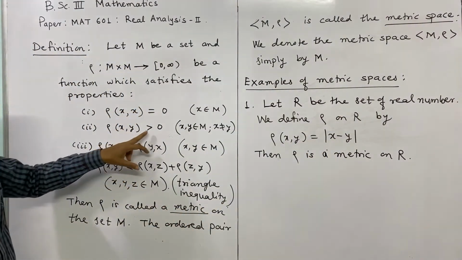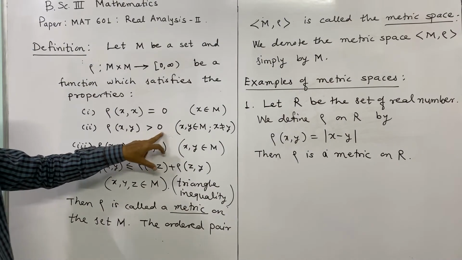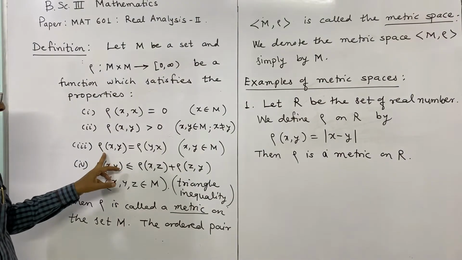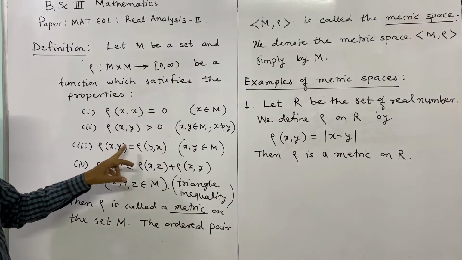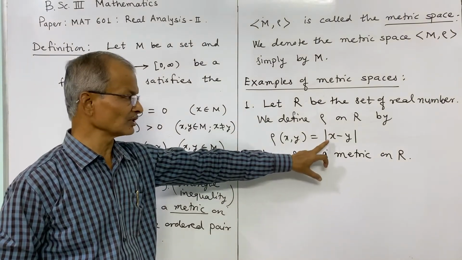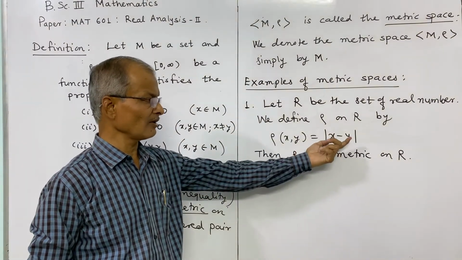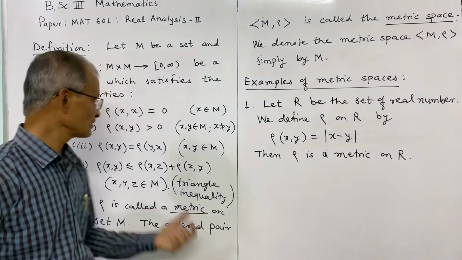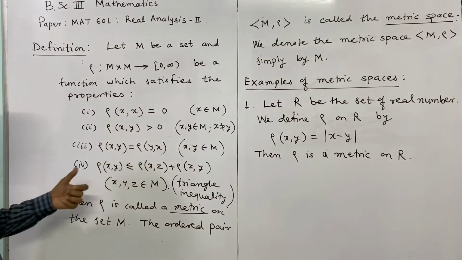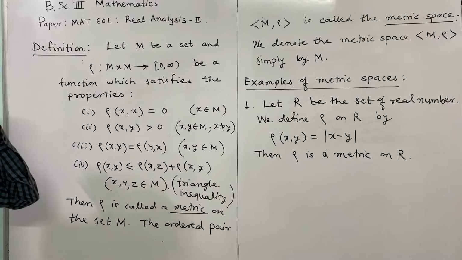Rho of x and y, the absolute value, is greater than 0 if x is not equal to y. And the third is rho of x and y is the same as rho of y and x. That follows by the properties of the absolute value function, that is, the absolute value of x minus y is the same as the absolute value of y minus x. And fourth is the triangle inequality.